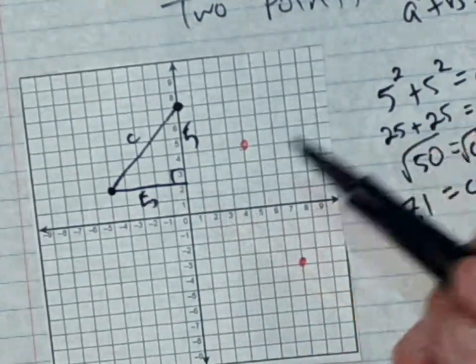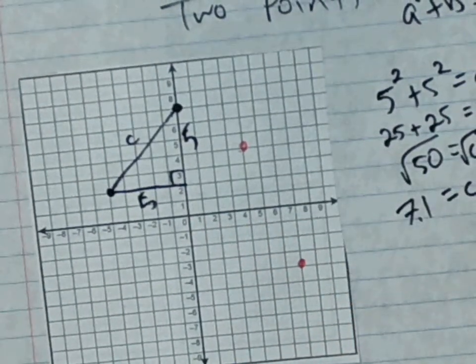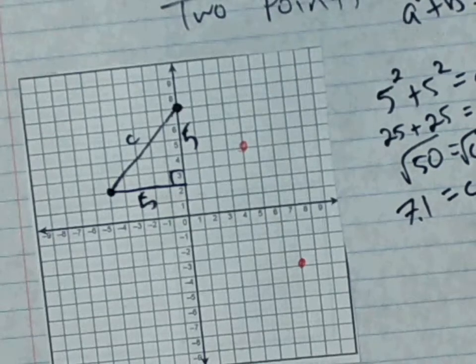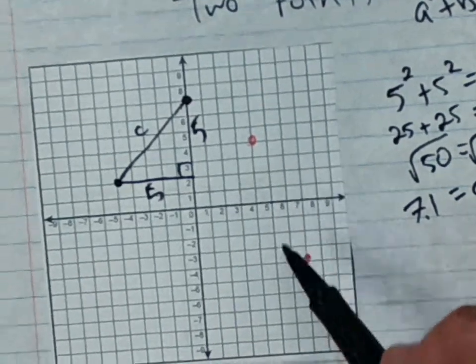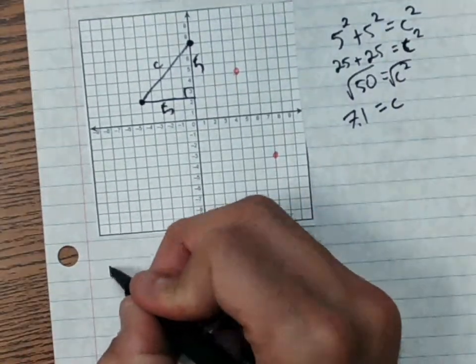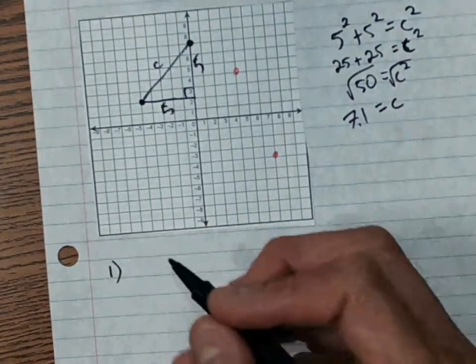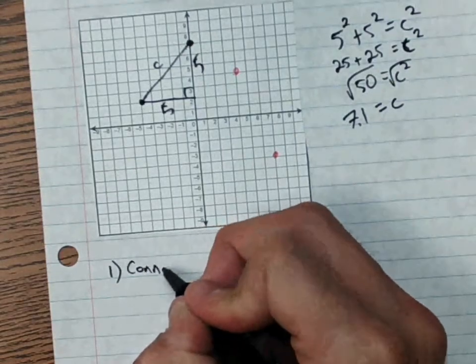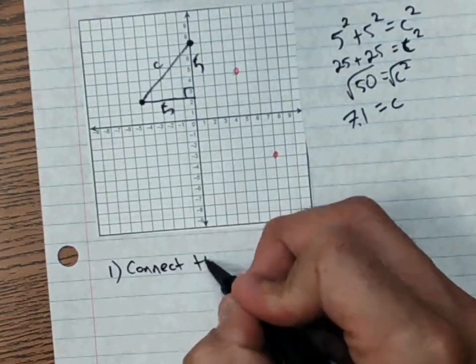Okay, so that's how you could use the Pythagorean theorem. If you don't have a triangle, just draw one. Just make sure it's a right triangle. Okay, so we're going to go back to these 2 points right here, but first let's put down our steps. So the first thing you want to do is connect the points.